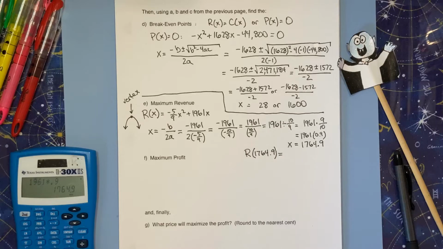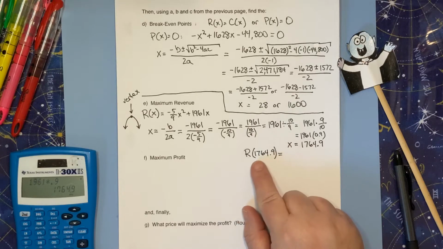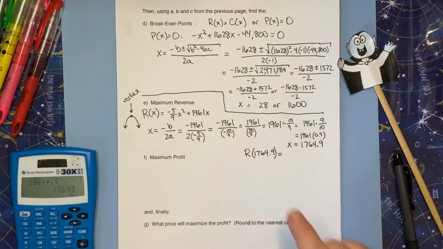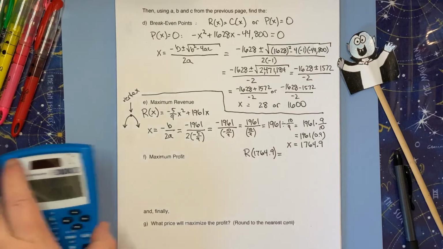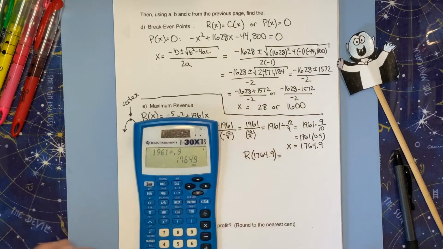If this problem in the real world were, how close can we get to maximum revenue, then you might want to take a look at 1765 and 1764. You can compare them and see which one makes more sense. But I'm going to do it exactly because it does not say anything about rounding here yet. It is going to say that down there, but I'm not going to.